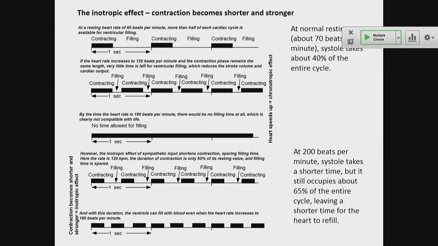Okay, and now in the last few minutes, I'm going to talk about the ionic mechanism that actually leads to both the inotropic effect as well as the chronotropic effect.